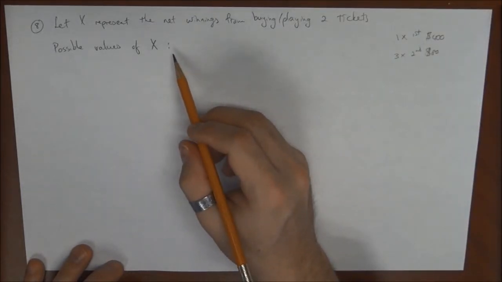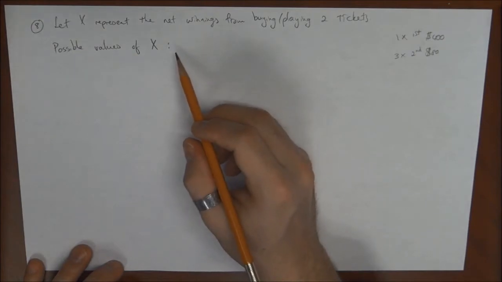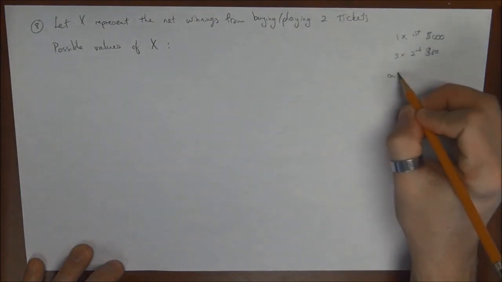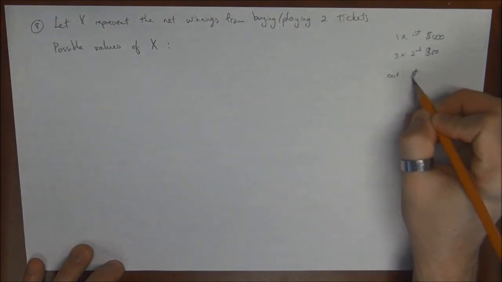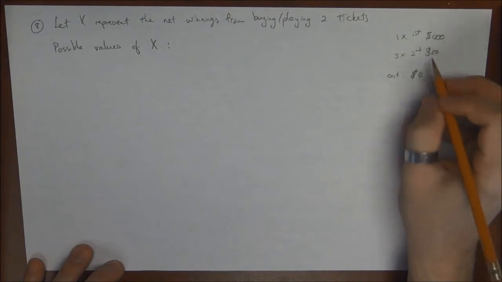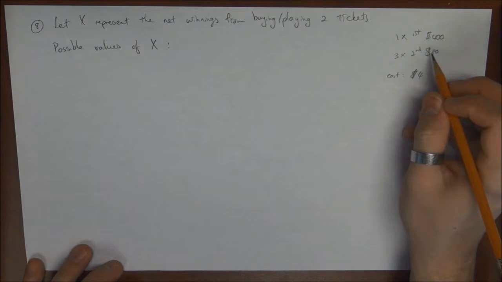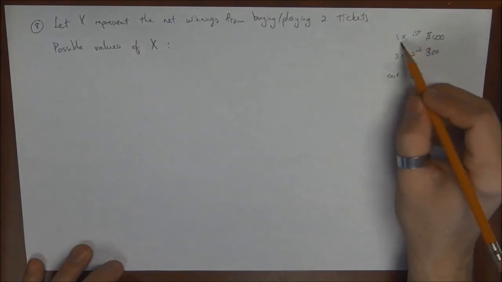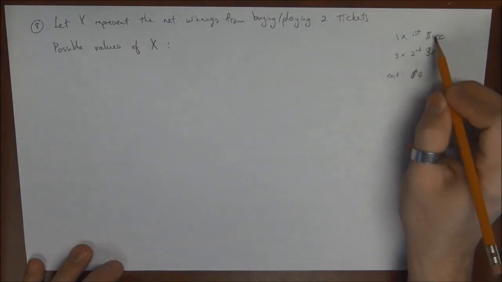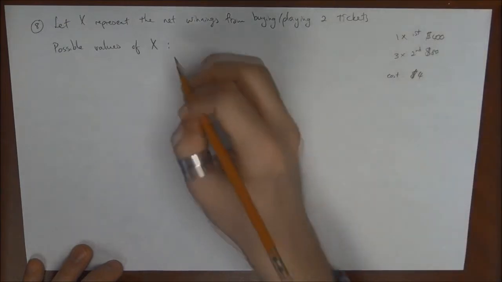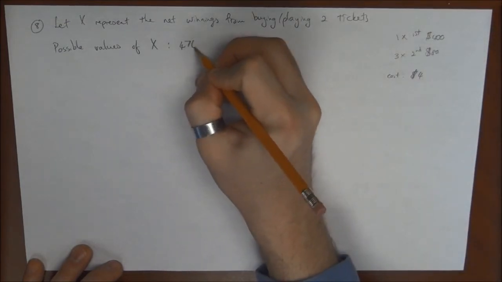Well, let's go with the best case scenario. What is the largest value I can have for x? When x represents my net winnings, so it costs me $4 to play, and this is what I can win. So I have to subtract the cost from what I've won. Best case is I win first prize and second prize, so I win 480. Minus 4 would be 476.